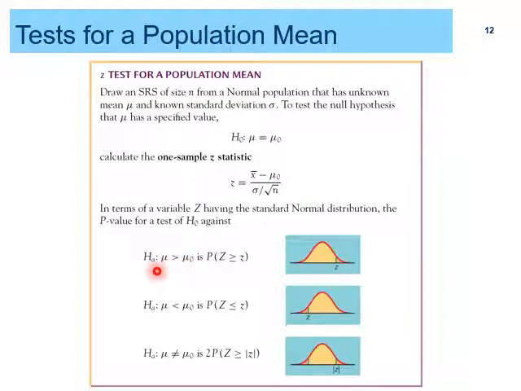For the alternate hypothesis mu greater than mu naught, the p-value is the probability of the random variable Z being greater than or equal to z. Similarly, for mu smaller than mu naught, it is the probability of the random variable Z being smaller than or equal to z. And similarly for the two-sided, mu not equal to mu naught, the probability is 2P, random variable Z greater than or equal to the absolute value of z.